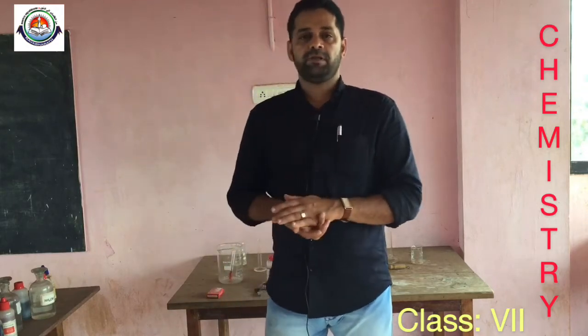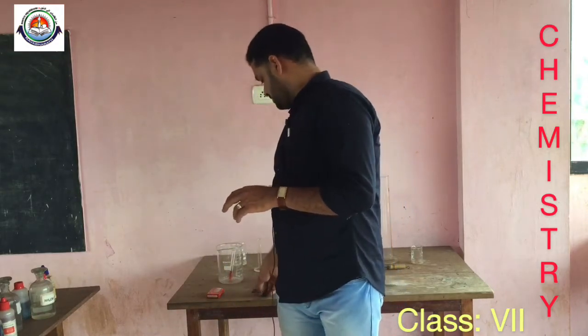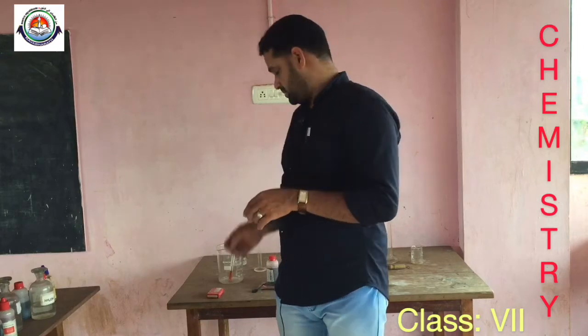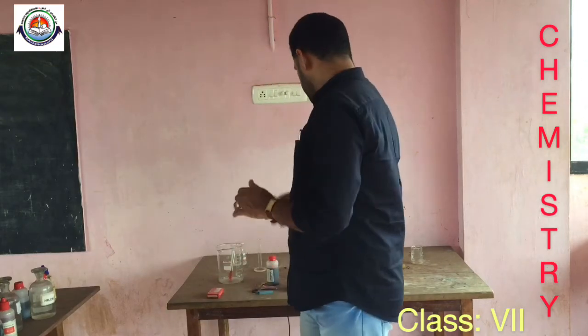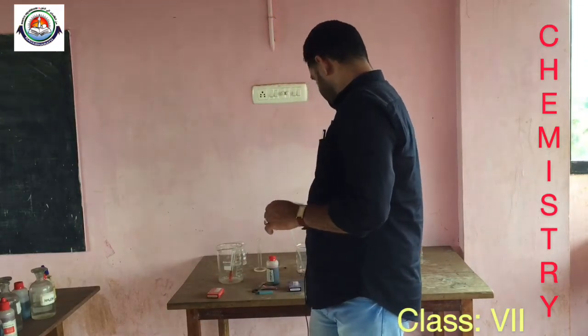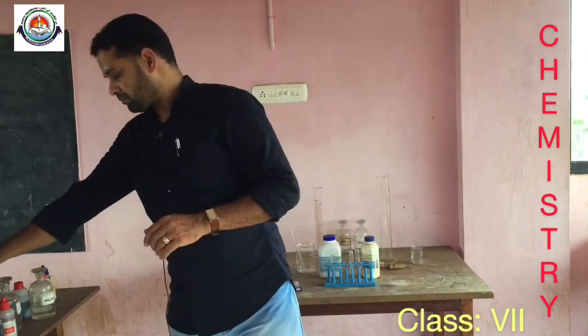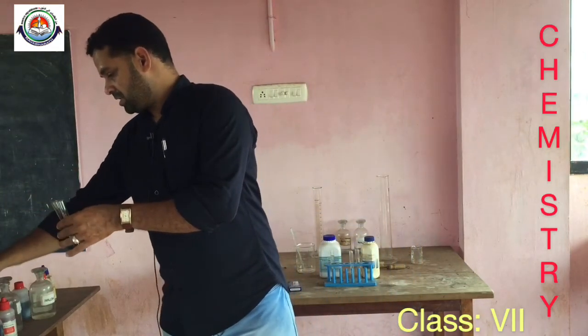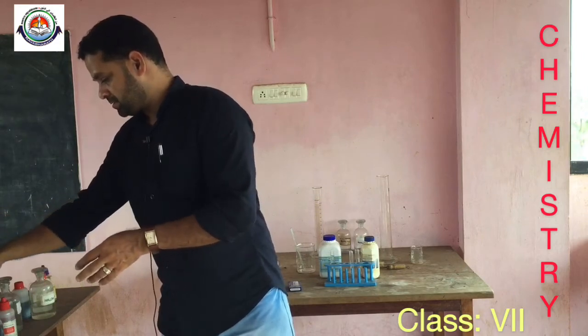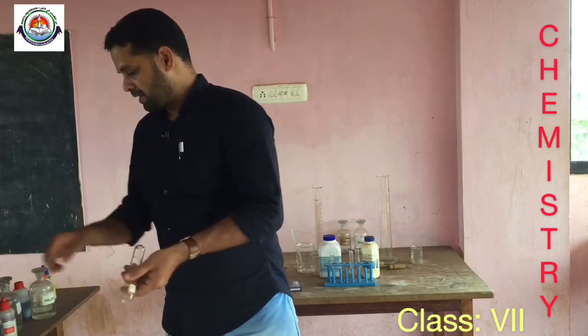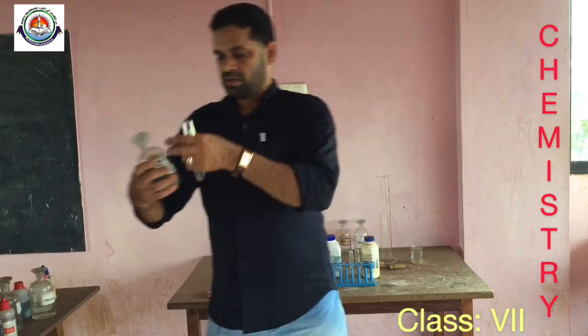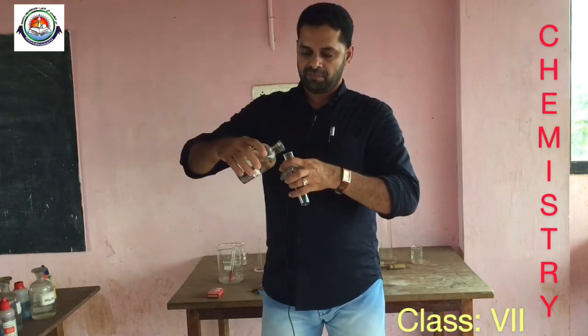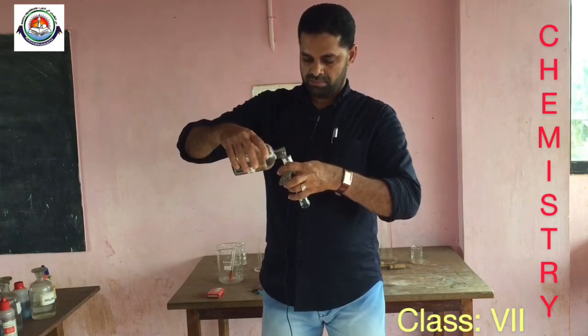The same experiment we can also do with litmus papers. For that, again we are taking some acids and bases. I am taking dilute sulfuric acid here in one test tube.